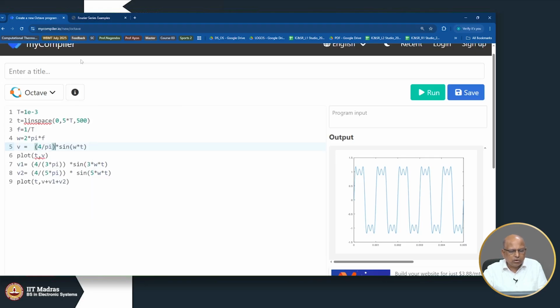Okay. I was using an online Octave compiler. You can also use something that you have downloaded, right. So, this is an Octave online compiler. Okay, I may have forgotten to mention that. So, to do whatever I have just done, use any one of the Octave online compilers, and this is the editor where you can write down all the commands, okay, and then you can say run, and you can also save whatever you have written.